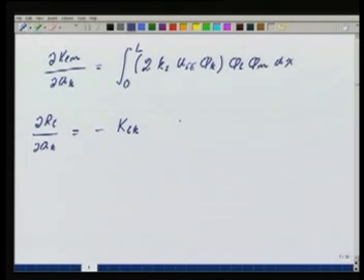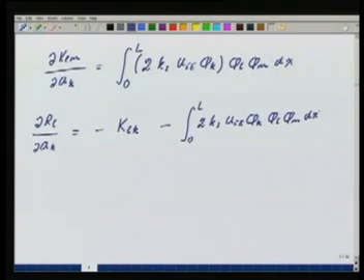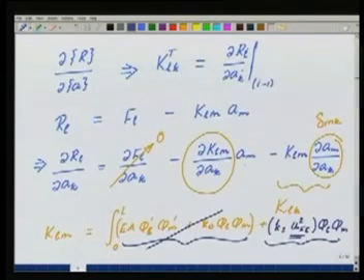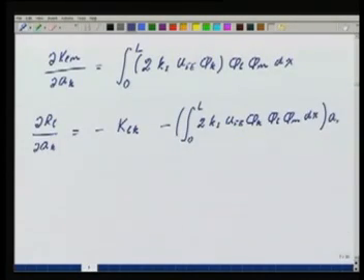Okay, minus, I will get here the integral 0 to L of 2 K_1 U_FE phi_K phi_L phi_M dx into, if I go back, A_M.